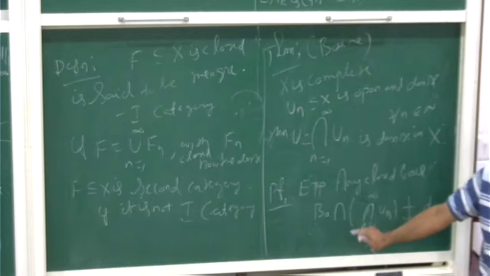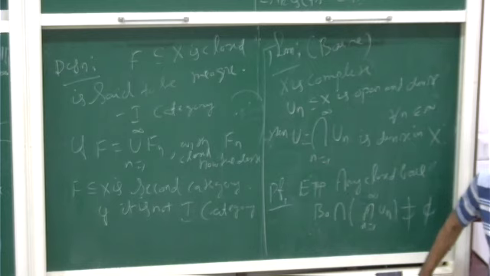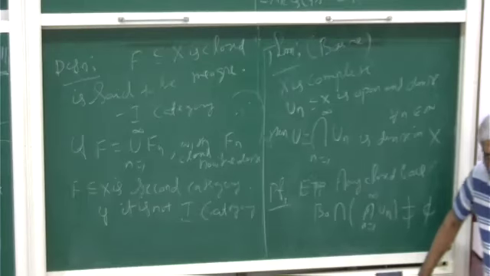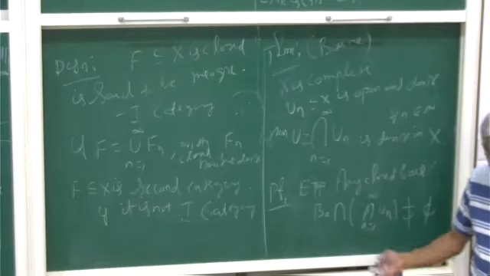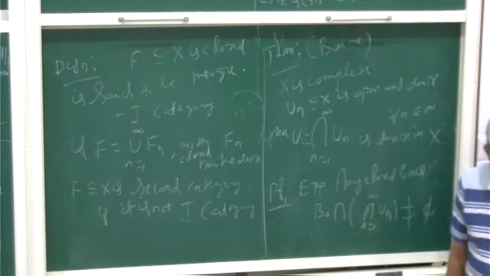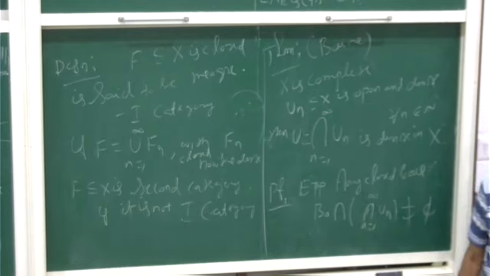I'm not taking closure; it's a closed ball. All the balls we are going to consider iteratively are closed balls. If the closed ball intersects, then the open ball with half the radius will intersect too, so it's enough.